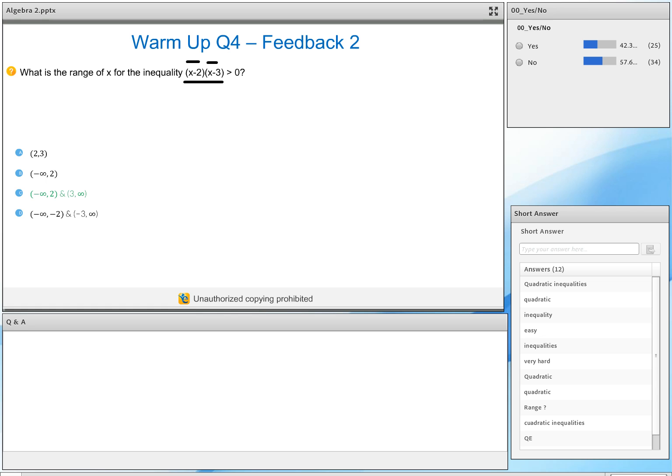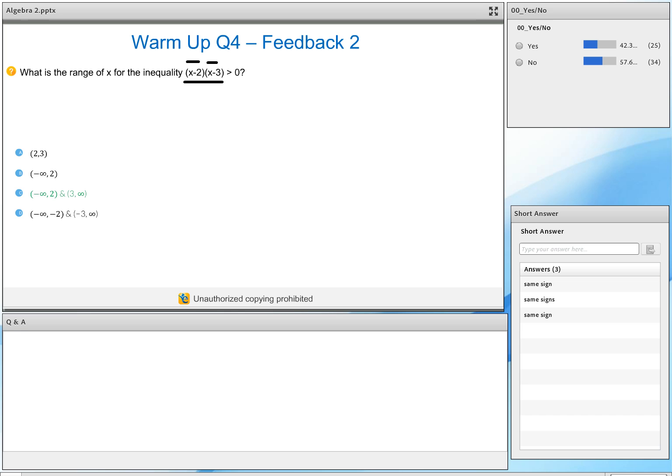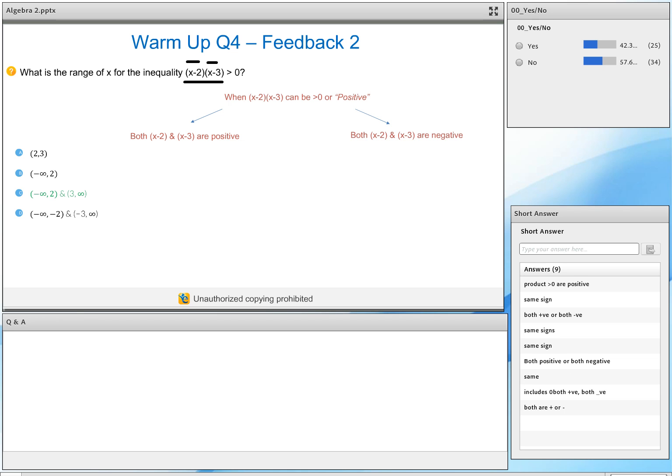When is the product of two numbers greater than 0? When they have the same sign, yes. So there will be two cases here: when they are both positive and when they are both negative. Absolutely right.